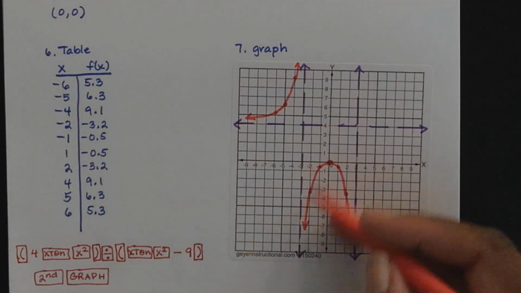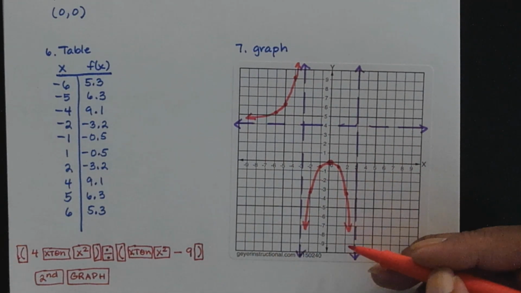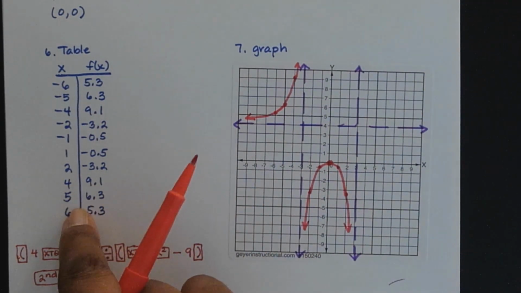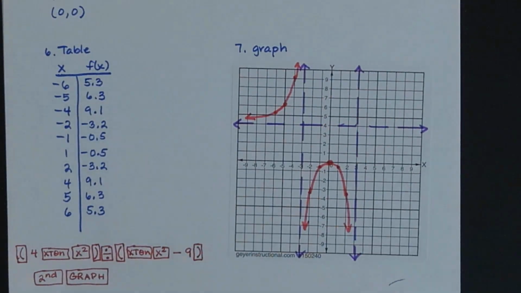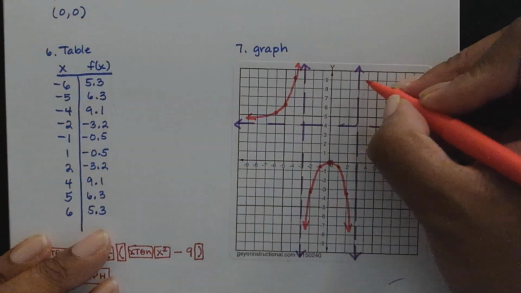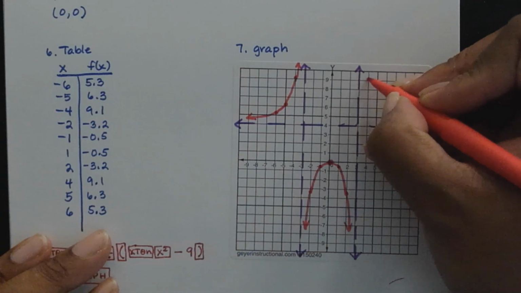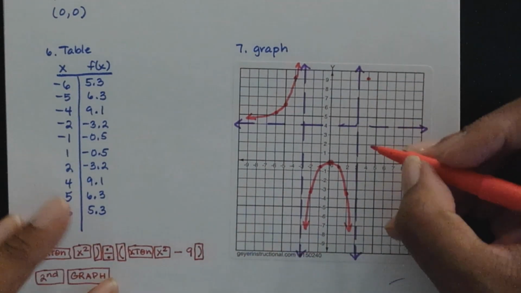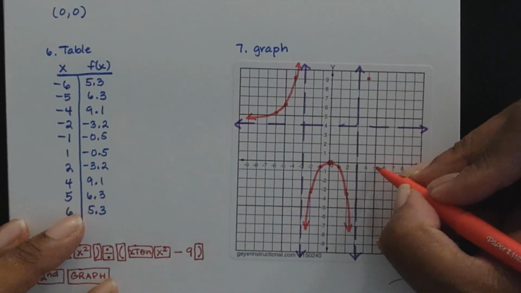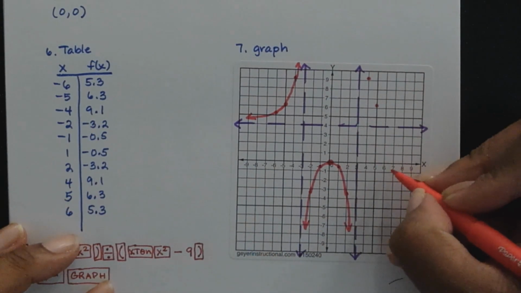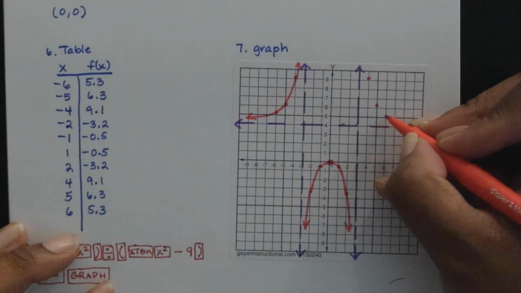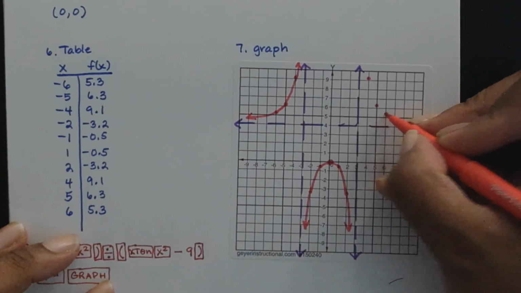So you can see here the left side is the mirror image of the right side. And then these last 3 points will be the mirror image of the ones that are on the left. So for 4 and 9.1, that's going to be up here. 5 and 6.3, and then 6 and 5.3.